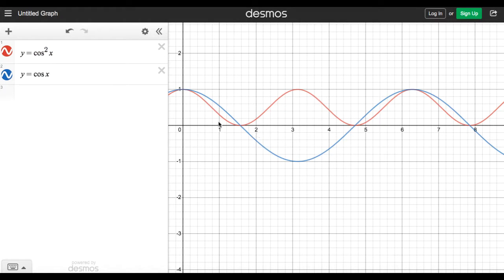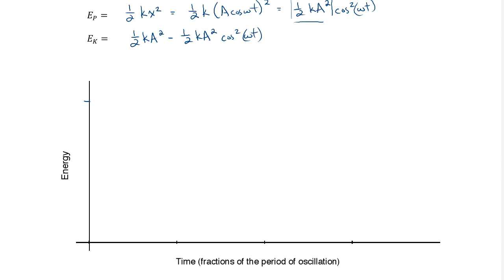Also notice that the period of the cosine squared x graph is half as long as the period of the cosine x graph. Bringing that back to our energy time graph, we know that we have a total energy that's equal to 1/2 times k times A squared, and that's going to be made up of a shifting proportion of the two energies, potential and kinetic.